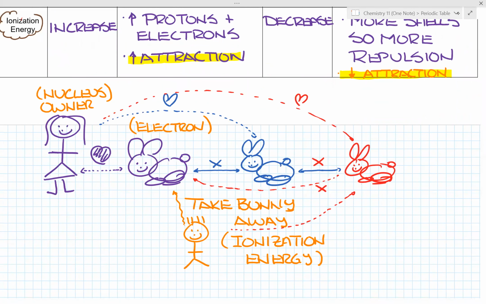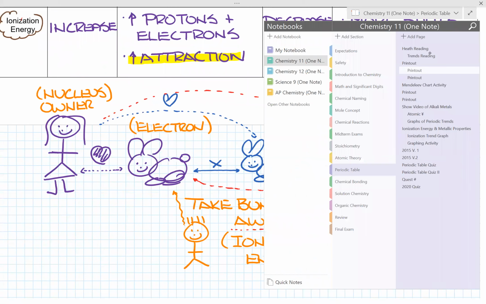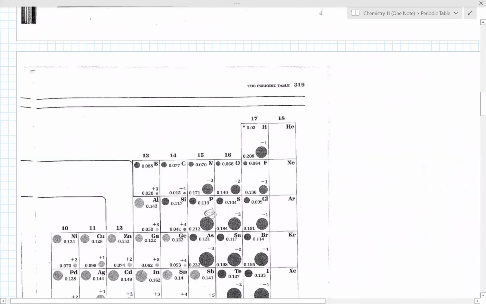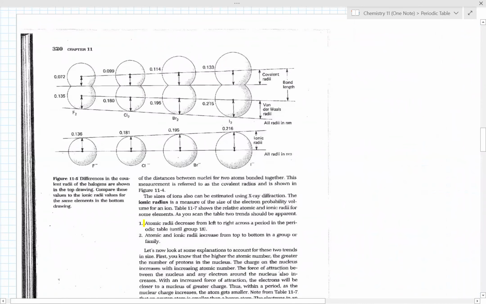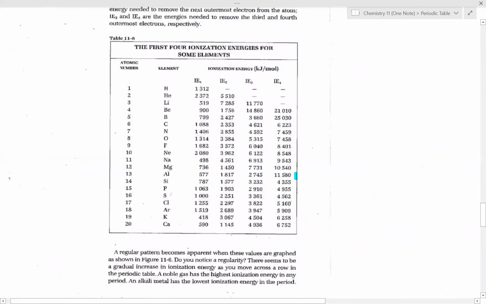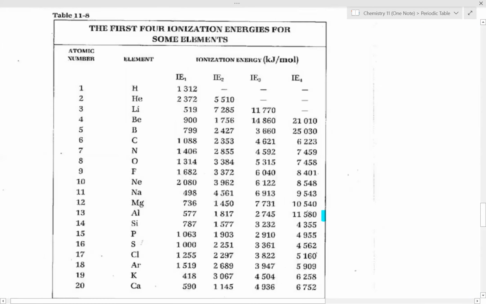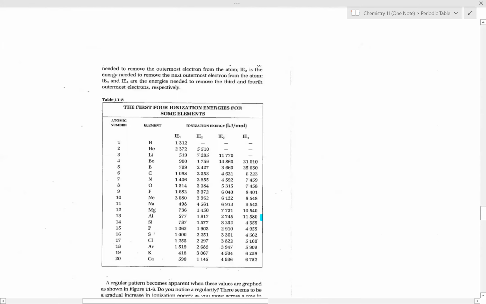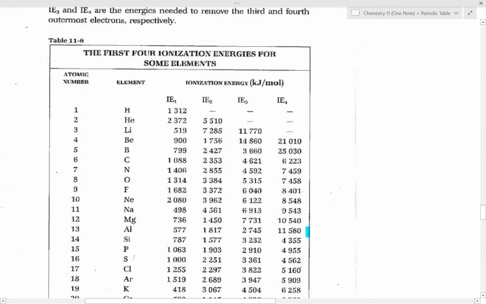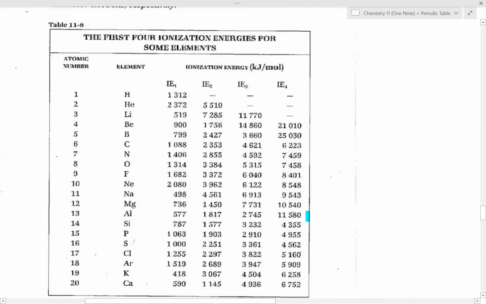Now, when you go through your reading, a couple of things you should be aware of. One of these is Table 11.8 on page 322. You will notice it says IE1, IE2, IE3, IE4.